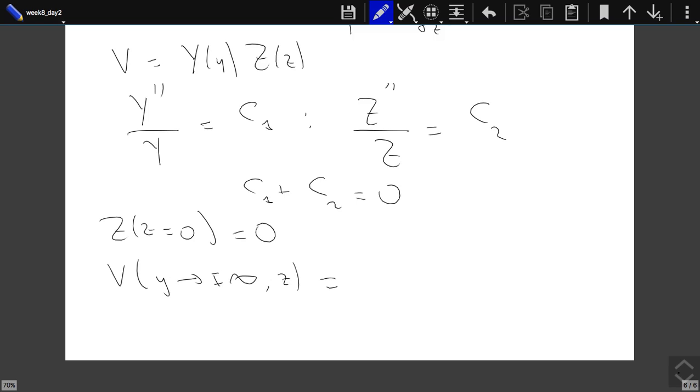I have the interface over here, and I go to infinity in that direction. I will not see this interface anymore. What I will see at that distance is just my capacitor filled with a dielectric. Lower plate is at potential 0, upper plate is at potential V0. So when y goes to plus or minus infinity, the potential should be V0 over h times z.